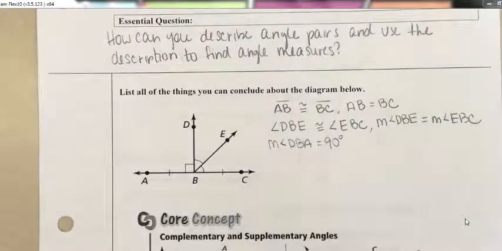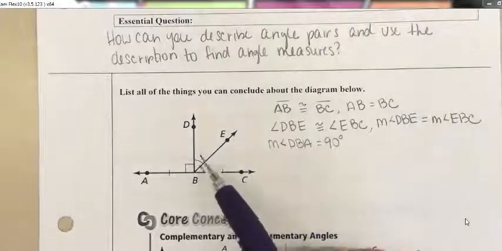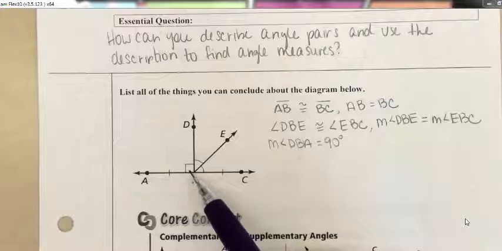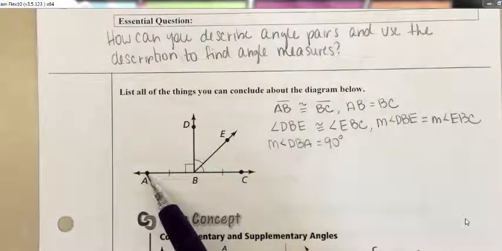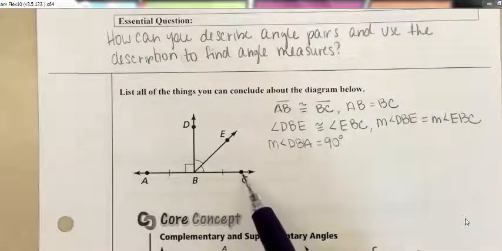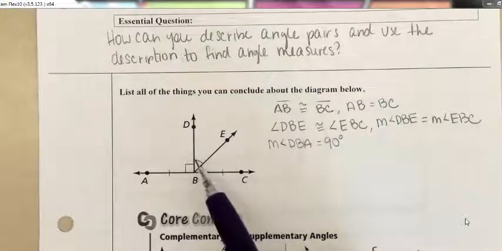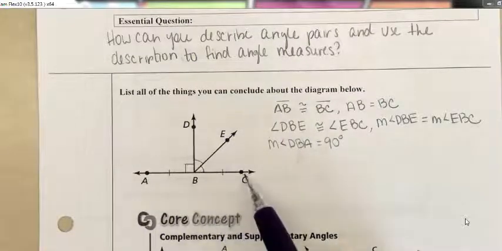Well, in fact, you actually know more than that, because you also know that if this is 90 degrees and angle ABC is a straight angle, right, it's 180 degrees, then that must mean that angle DBC is also 90 degrees.